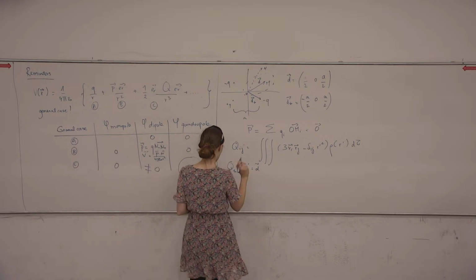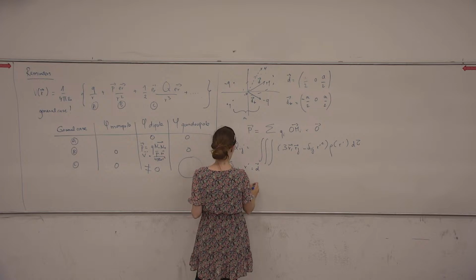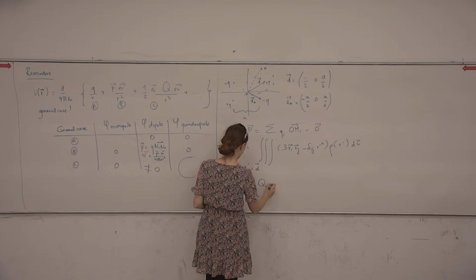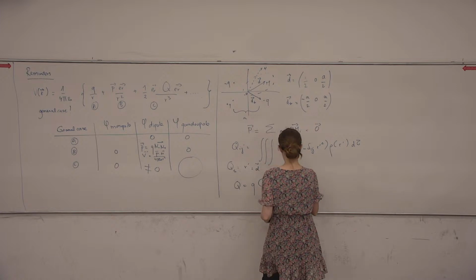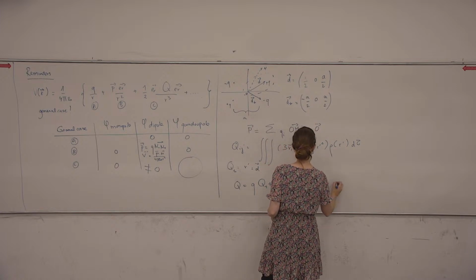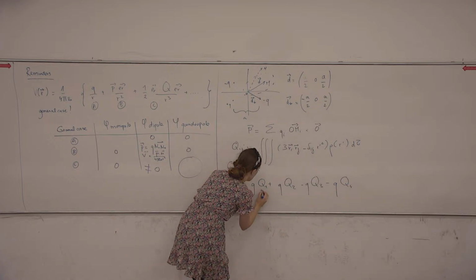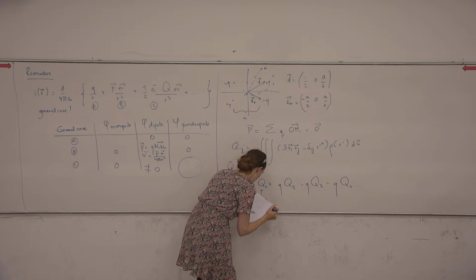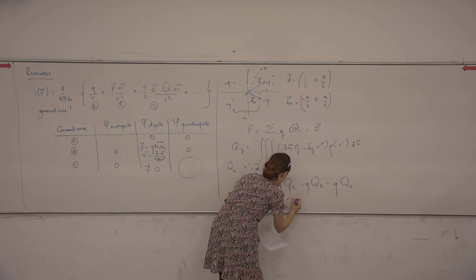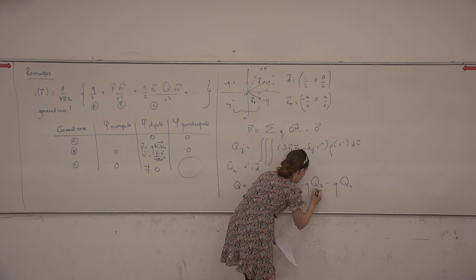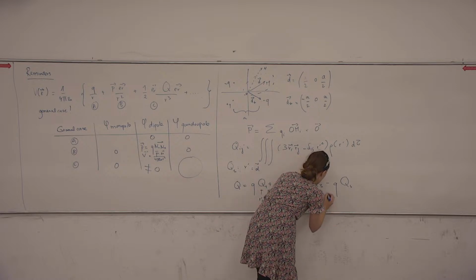Okay, so eventually the total Q is going to be equal to Q1 plus Q2 minus Q3 minus Q4. Okay, so this Q1 is for R prime equal to D. This is for R prime equal to minus D. This is for R prime equal to D star.